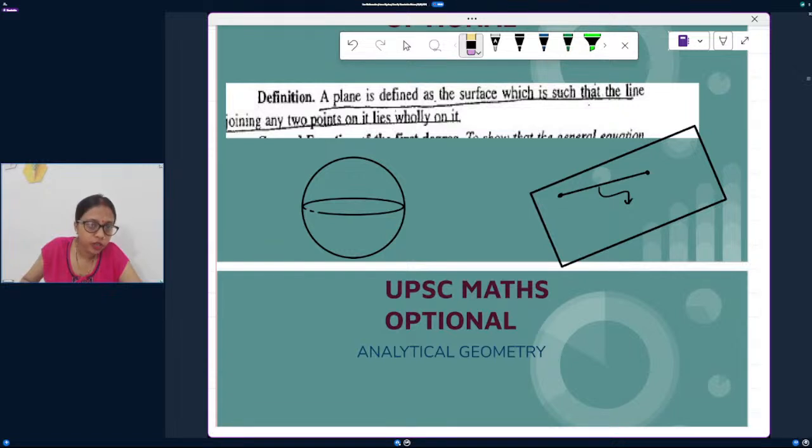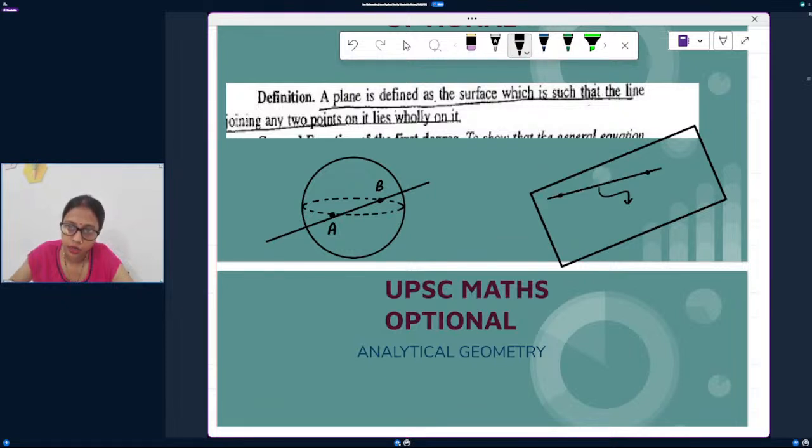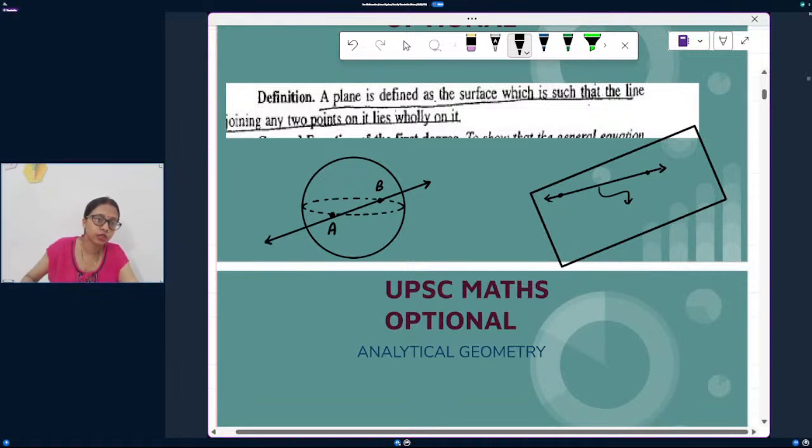In the sphere, if I take 2 points on the surface, let me take 1 point here on the front side and a point on the back side. Both are on the surface. But when I join them by a line, in actual this is also a line, not just a line segment. The complete line is definitely not on my surface. There are only 2 points which are common to my line and the surface, those A and B.